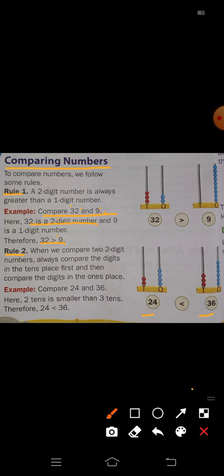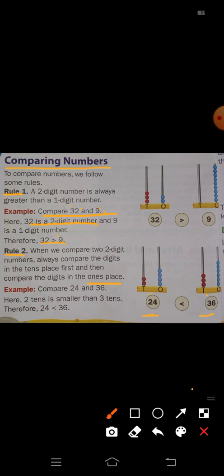the tens place. In number 24, which number is in the tens place? 2, and in number 36 the tens place is 3. So is 2 greater or 3 greater here? 3. So of course 36 is greater than 24. When comparing 2-digit numbers, always compare the digits in the tens place first, and then compare the digits in the ones place.